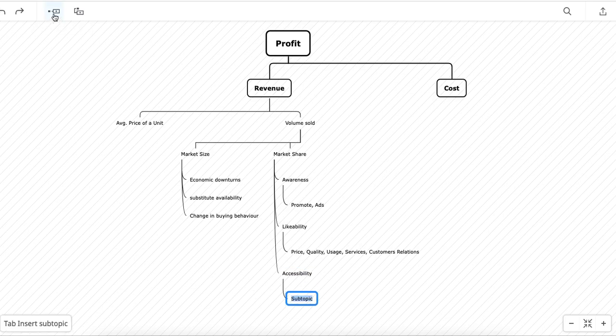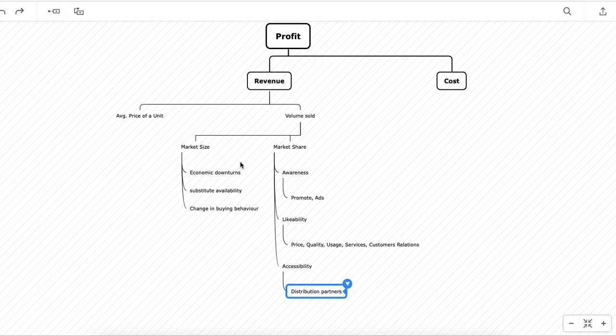So this problem is solved by basically distribution partners, which is basically your retail stores and everything. Retail store, mall, shops, all those things will come here. And this basically includes all the concepts related to demand planning, basically the end user sales related things.